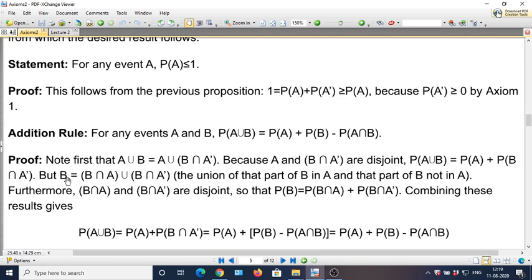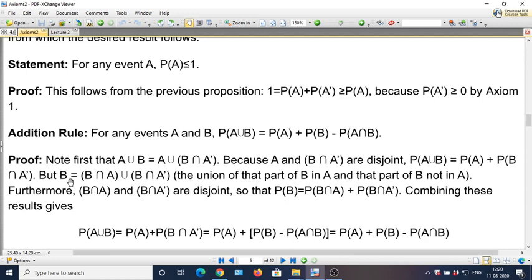But B itself can be written as a union of two partitions: one is B intersection A, another is B intersection A complement, which are also disjoint. So their probability measures should add up.